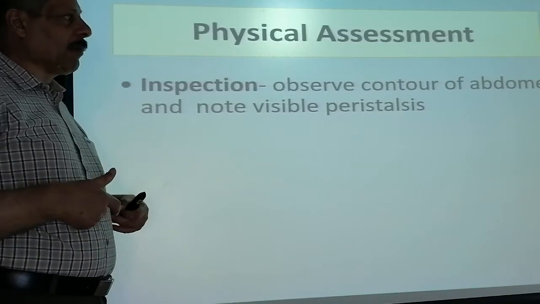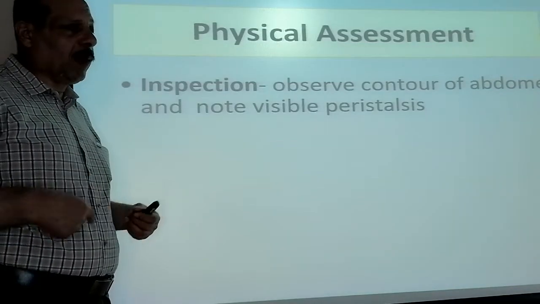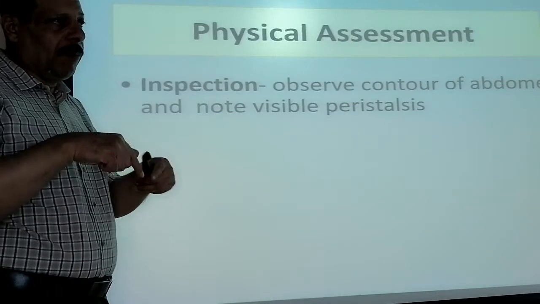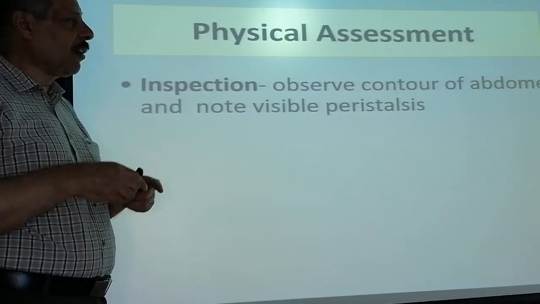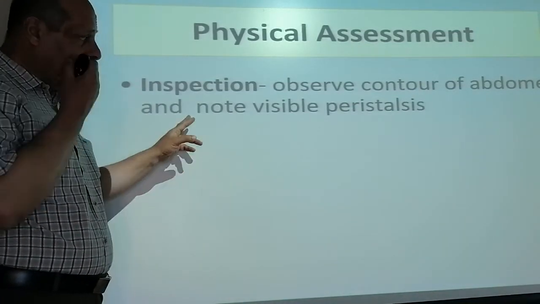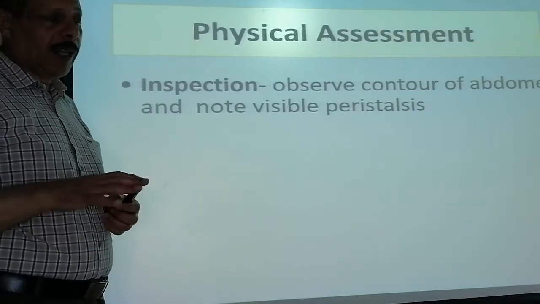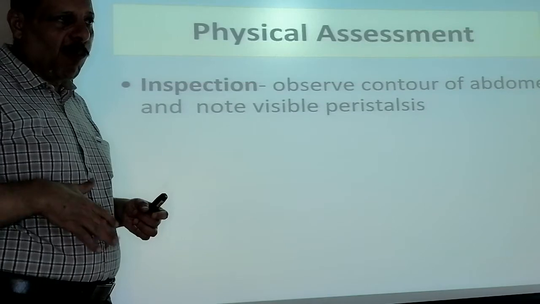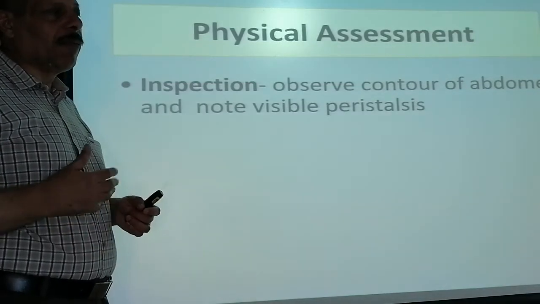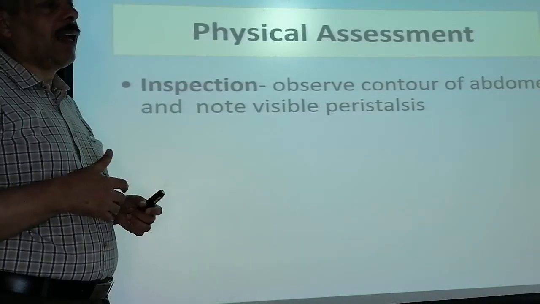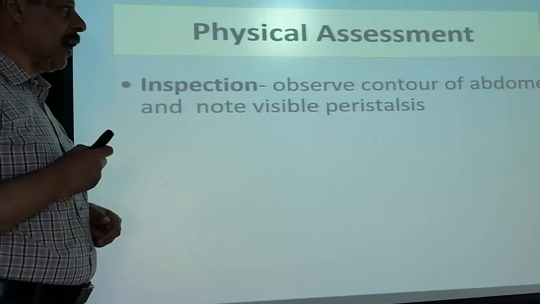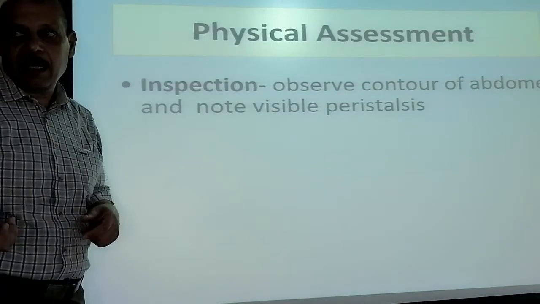When we check the abdomen, we have to check the contour by meter to see the diameter of the abdominal contour, and sometimes we will see the movement of the intestine, which might be visible from outside in some cases.